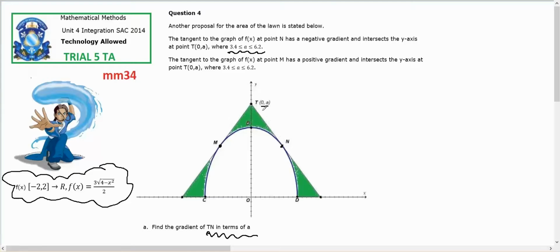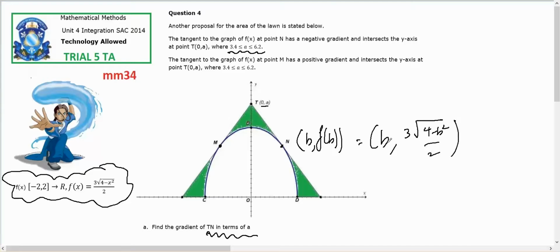So the tangent at n will be, if I say n was b and f of b, which is b and 3 square root of 4 minus b squared on 2, then what I'd like to do is find f dash of b, but in terms of a instead.